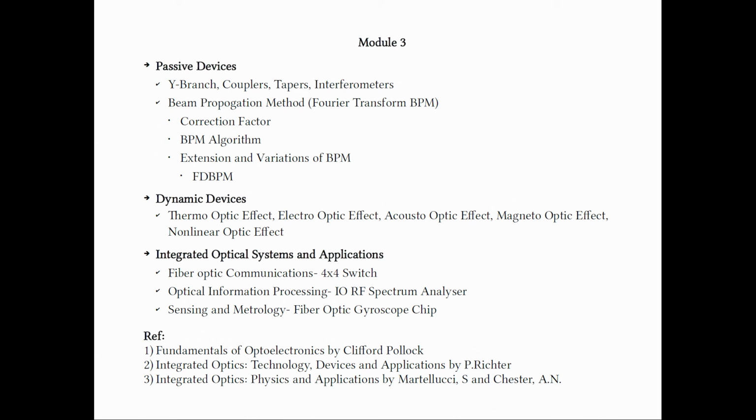In bulk nonlinear optics, we have many phenomena like second harmonic generation, four-wave mixing and so forth, which could be translated into integrated form. The advantage is that we can obtain these effects at much lower power than what we observe in bulk optics. So, that is one of the important features of nonlinear integrated optics, which we have not taken up in much detail in this module.